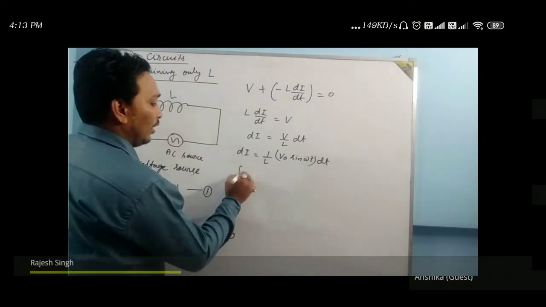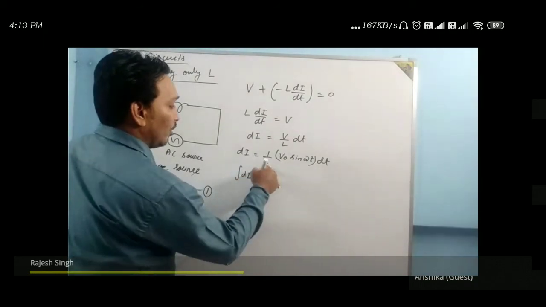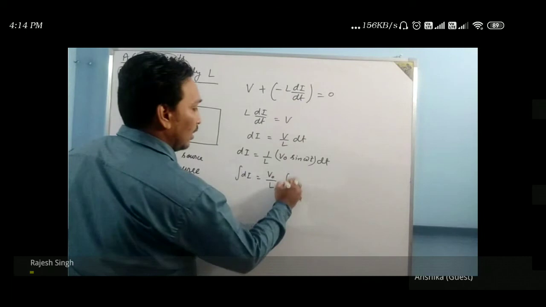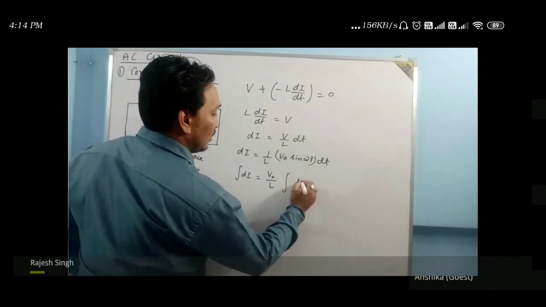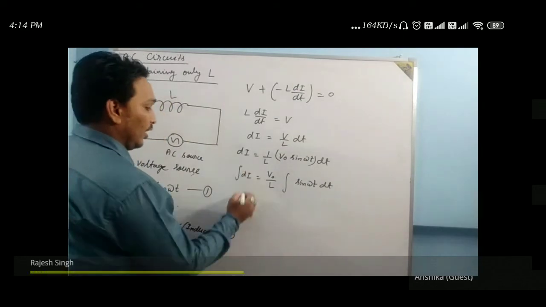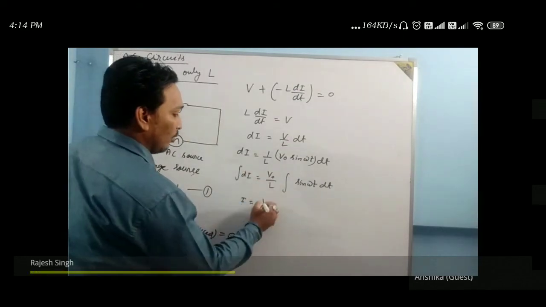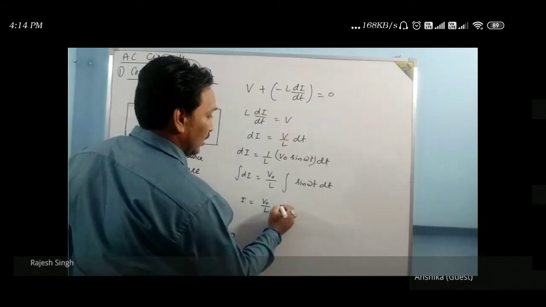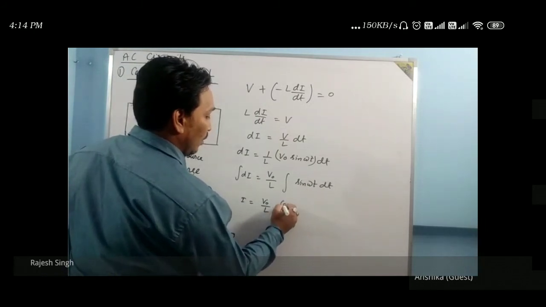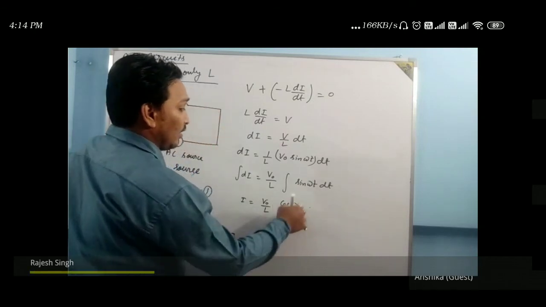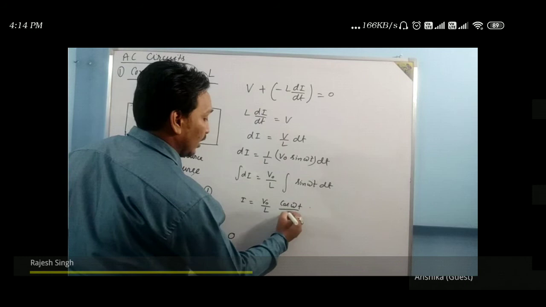Now I am going to integrate it for getting the value of I. So integration of di is equal to V naught and L, they are constant, they are outside the integration, integration of sine omega t dt. Now integration of di is I, V naught upon L. Integration of sine omega t, when we integrate sine omega t, we will get cos omega t upon omega.